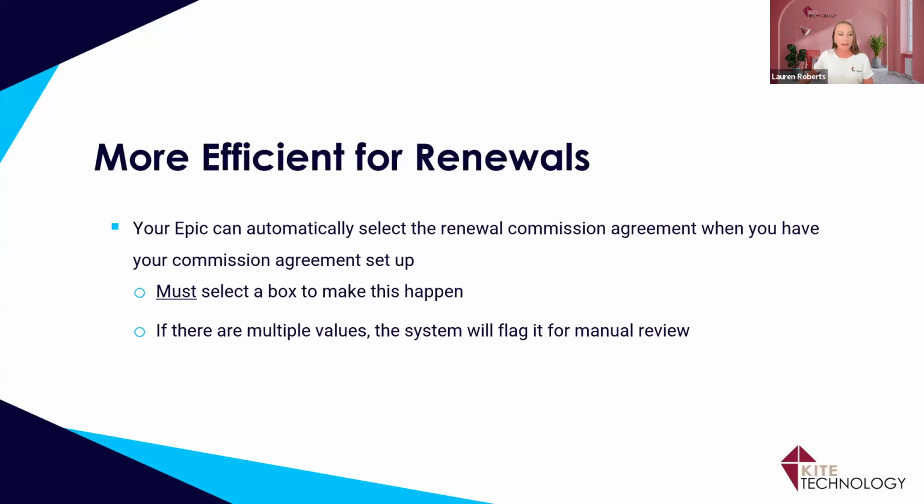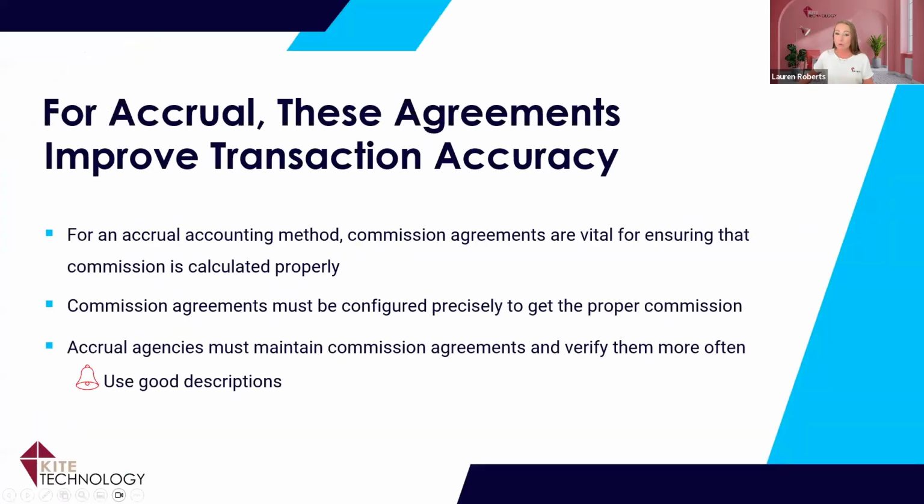All right. We are going to move on into, let's talk a little bit about if your agency is on accrual. So far, we're talking about making this super duper simple, right? If you're on a direct bill cash accounting method, what that means is your agency does not recognize income for direct bill transactions till they actually get the money and put those commission statements in the system.